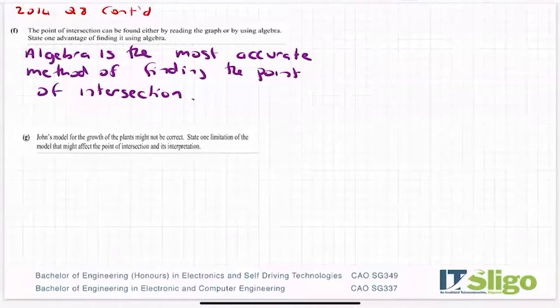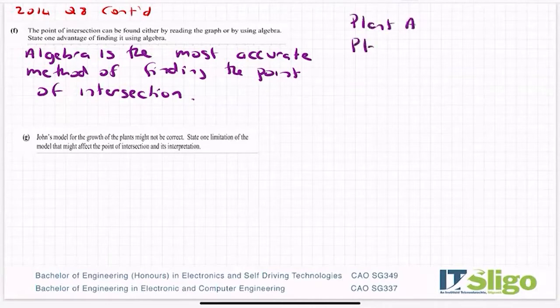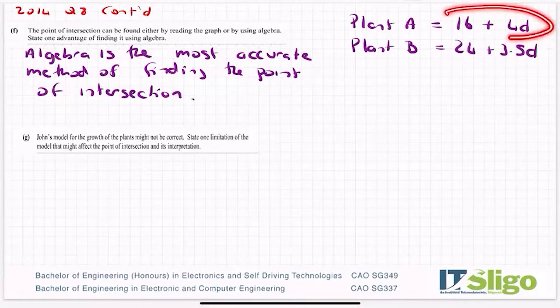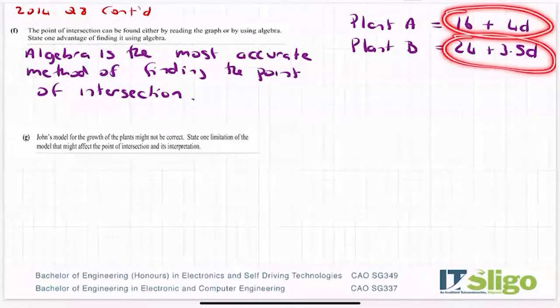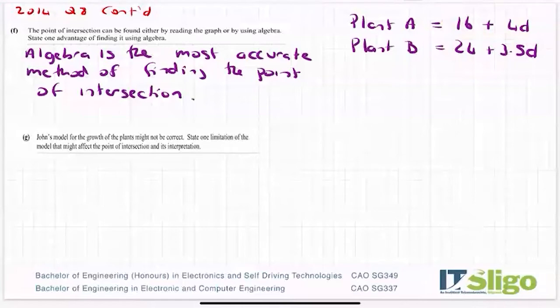How would I do it with algebra? Well, I would say plant A, and I'll just set it up, we won't be doing it, is equal to 16 plus 4d, and this one was equal to 24 plus 3.5d. So you'd end up solving it using simultaneous equations normally.